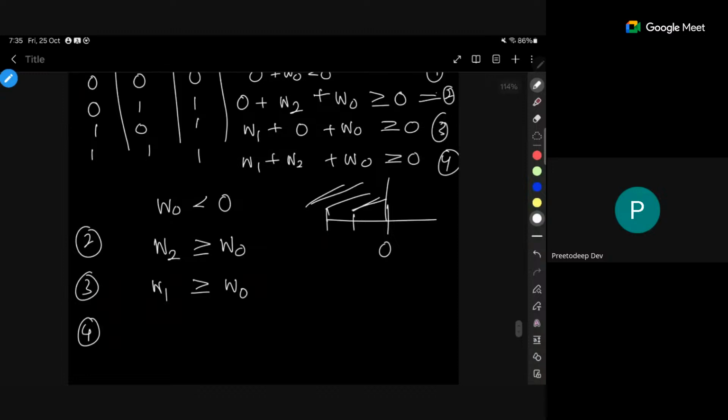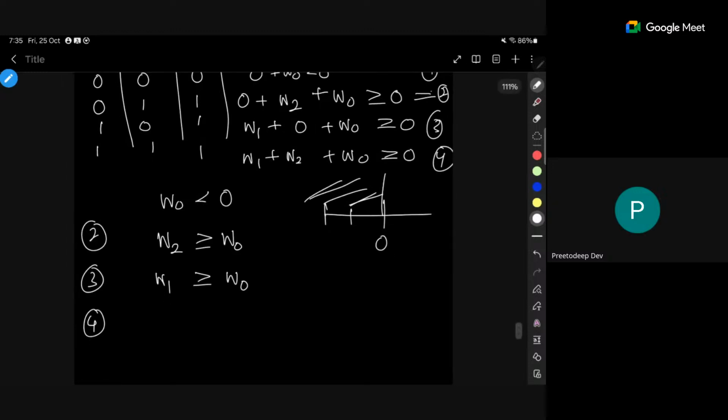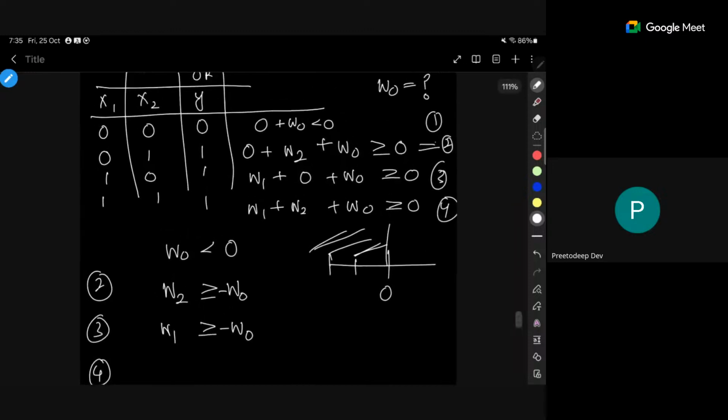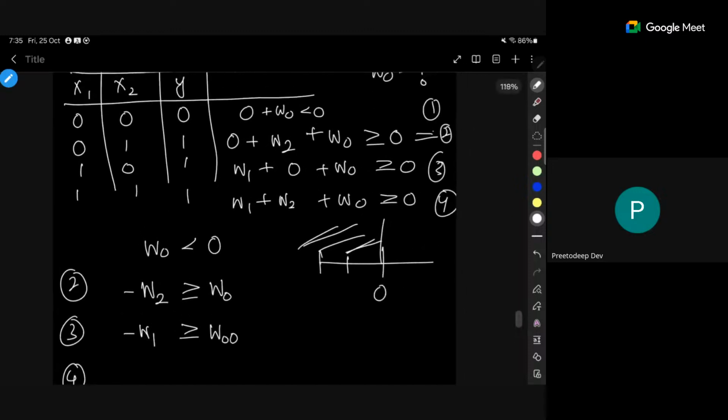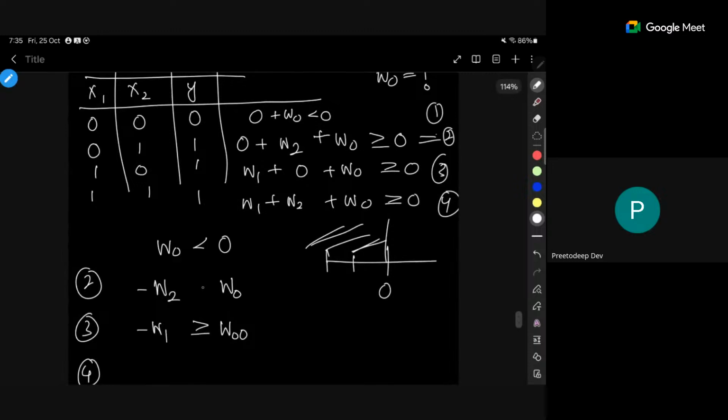Okay, my bad, this is minus W naught. If we are figuring out W naught, then we can write minus here, but then the condition will change. It has to be less than, if we are figuring out W naught.